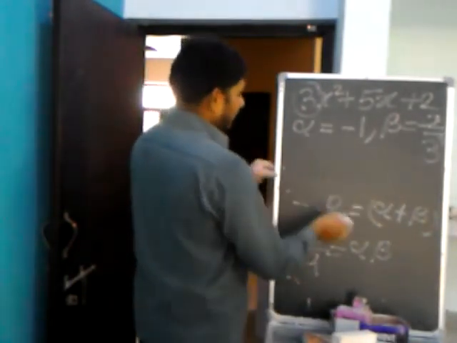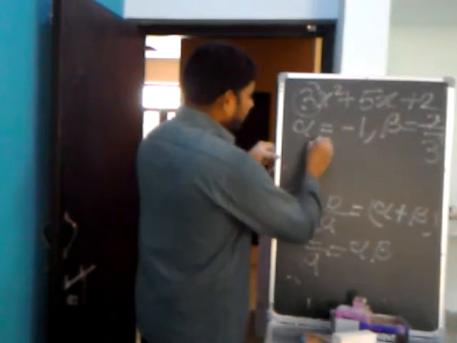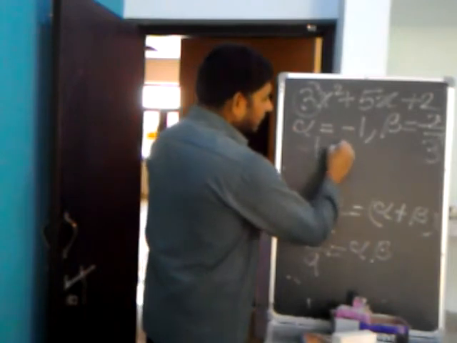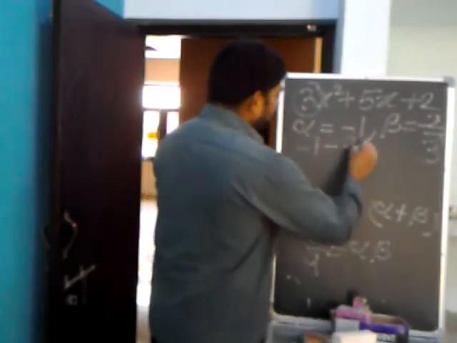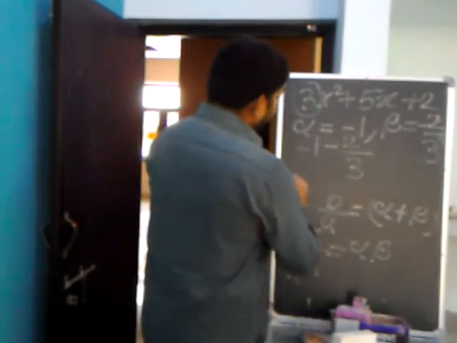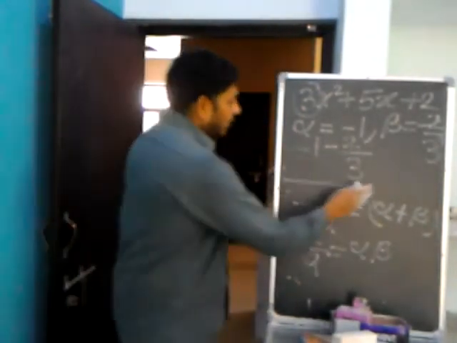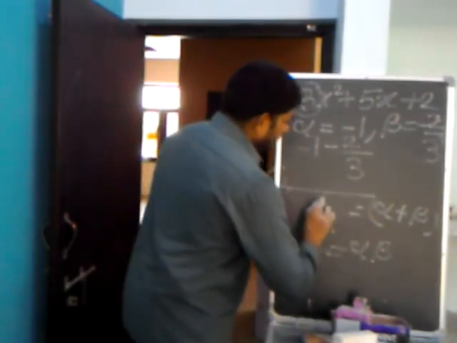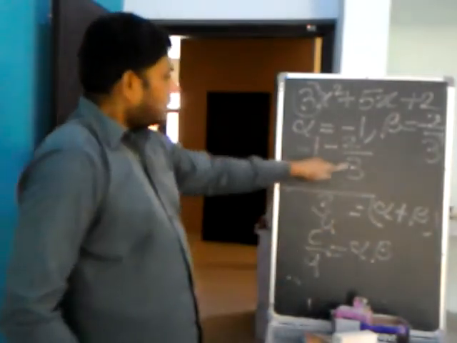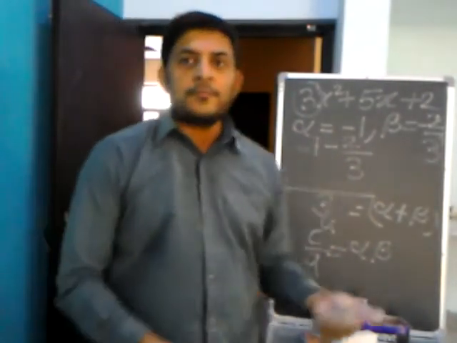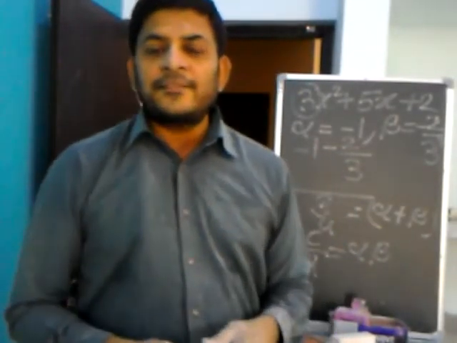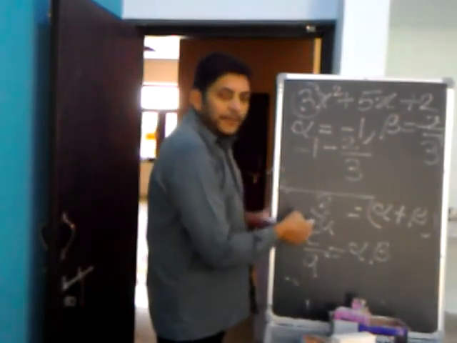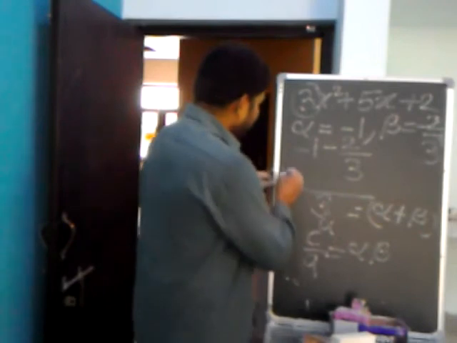Alpha plus beta. Alpha is -1 and beta is -2/3. Both have the same sign, so I can add them. By the method of LCM, both of them are rational numbers. So here the denominator is 1. 3 divided by 1, answer 3.